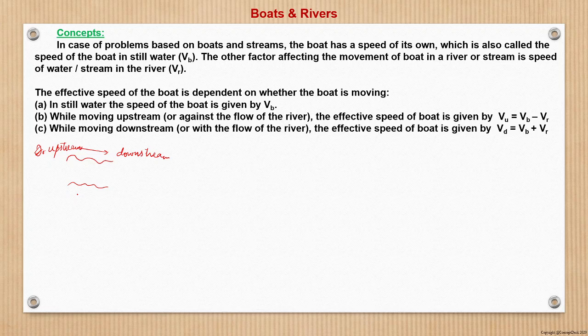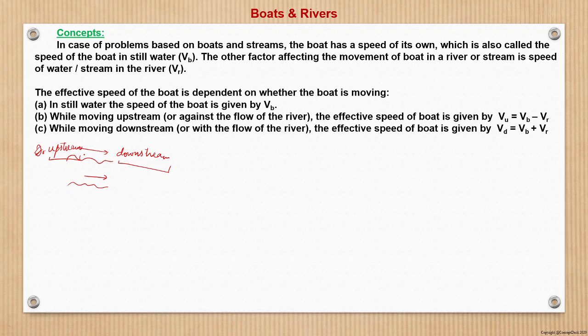If any object or boat or steamer is moving along with the flow of water, suppose water is flowing this side, then that motion is called moving downstream. And when a steamer moves against the flow of river, that is known as upstream.